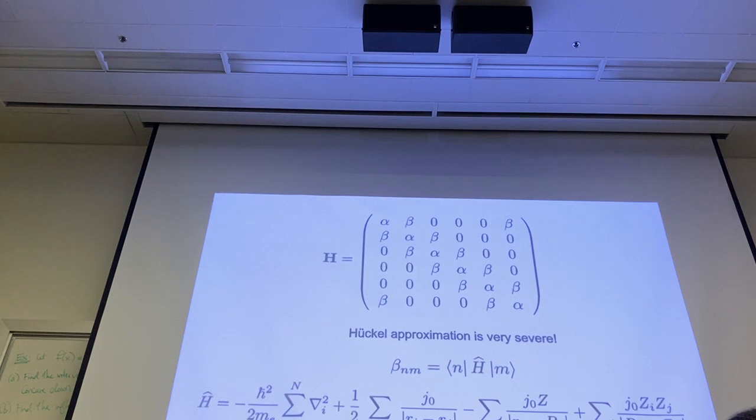Any molecule more difficult than H2+, which is basically all molecules of interest, we can't do with pencil and paper. We have to use computers to get to numbers that make sense, so numerical approaches towards solving these problems in chemistry.